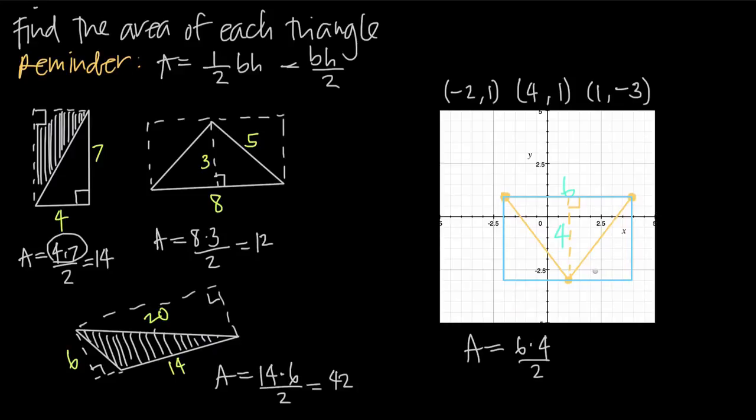But I don't want the area of the rectangle, I only want the area of the triangle. So we'll get 6 times 4 is 24, 24 divided by 2 is 12, so I'm going to go ahead and get 12 for the area of this triangle as defined by its 3 vertices. So those are just a few examples of how you can find the area of a triangle.